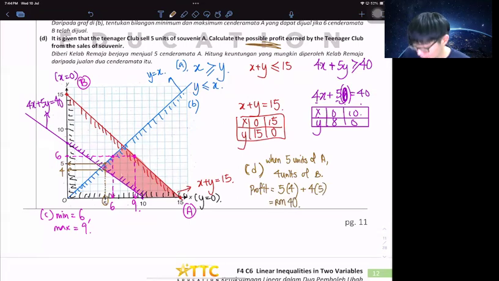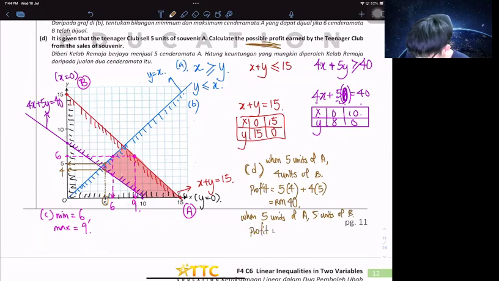So 40 ringgit. I realize that's another answer. So we write when 5 units of A, 5 units of B, the profit would be 5 times 4 plus 5 times 5, which is 5 ringgit extra.